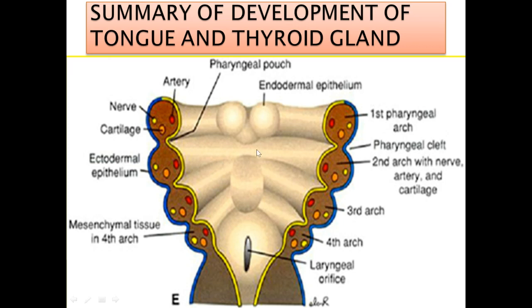The tongue develops from four swellings, a pair of lingual swellings and an unpaired tuberculum impar. These three will fuse to form the anterior two-third of the tongue. Another swelling, the hypobranchial eminence, will divide into two parts, ventral part and dorsal part. The ventral part will give rise to the posterior one-third of the tongue. The dorsal part will give rise to the epiglottis.